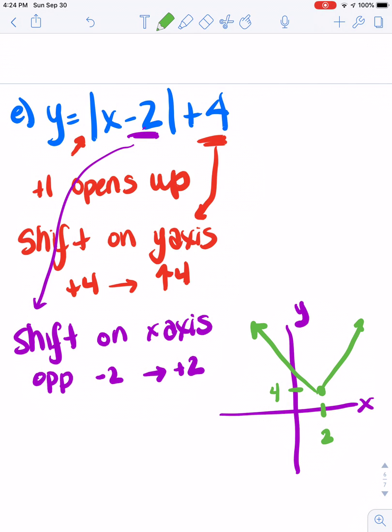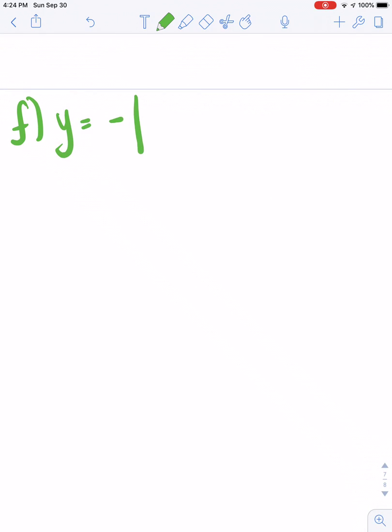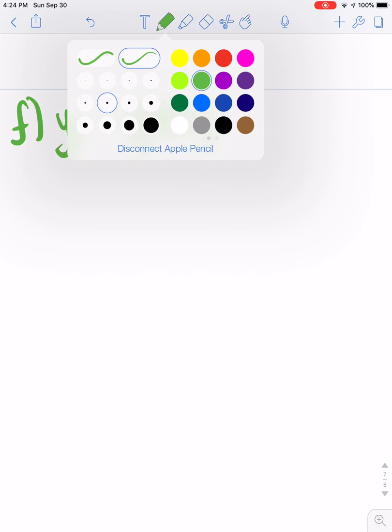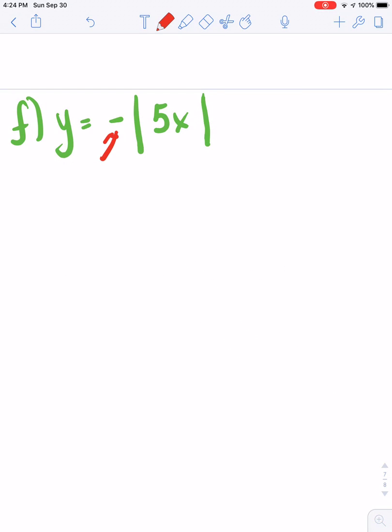Okay, I want to do just a couple more about describing. So let's call this one F. So if you have something like this, first of all, this negative in the front means it's a -1, so it opens down.